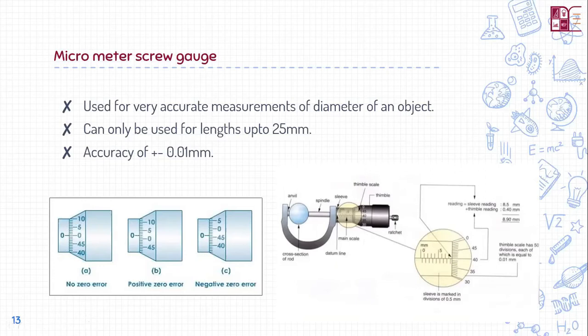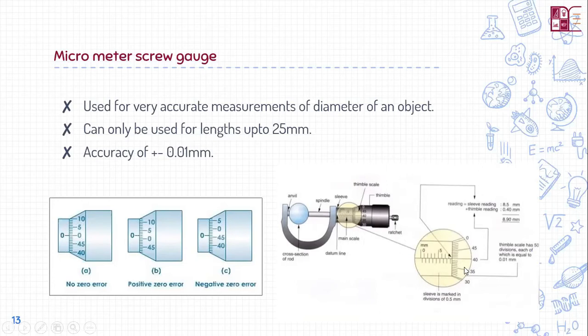So 8.5 is what the sleeve reading is. The ones on top are going by the period of 1: 5, 6, 7, 8, and the ones below are the 0.5s. So 5, 5.5, 6, 6.5, 7, 7.5, 8, 8.5, and then a few millimeters.